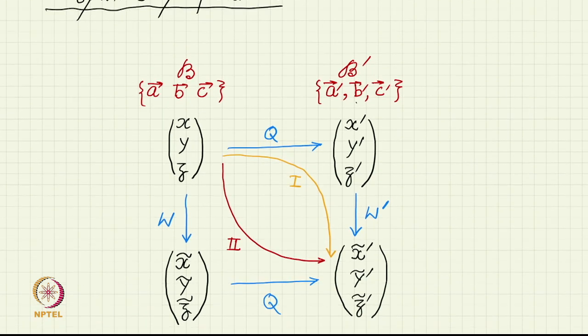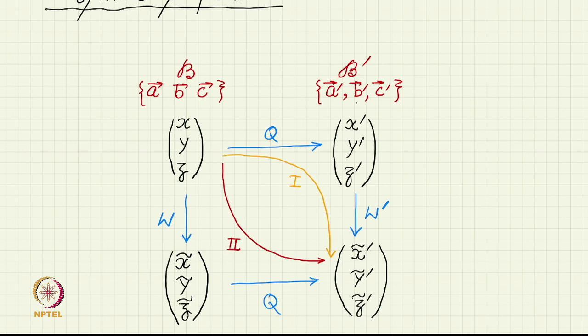What we mean by path 1 and path 2 is, I want to transform x, y, z. Let us say W is representing a rotation. So, I want to rotate a given vector, but I have the coordinates of the unrotated vector in basis 1, and I want the coordinates of the rotated vector in basis 2.